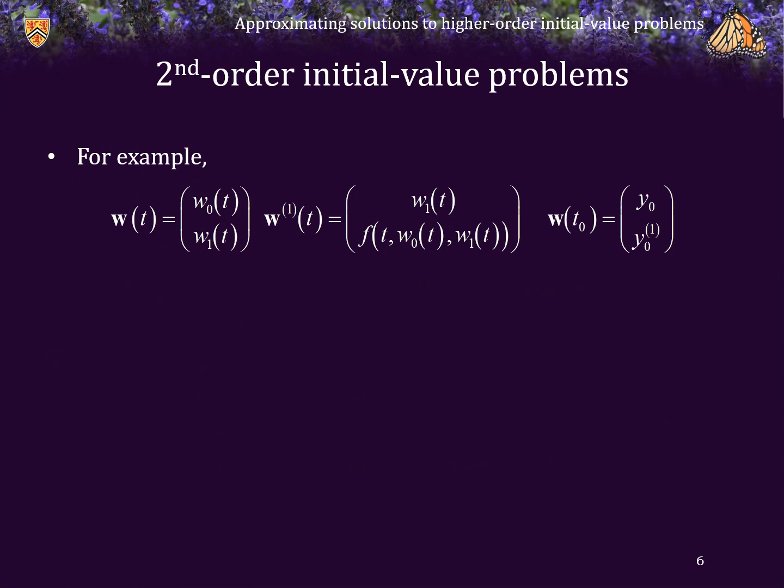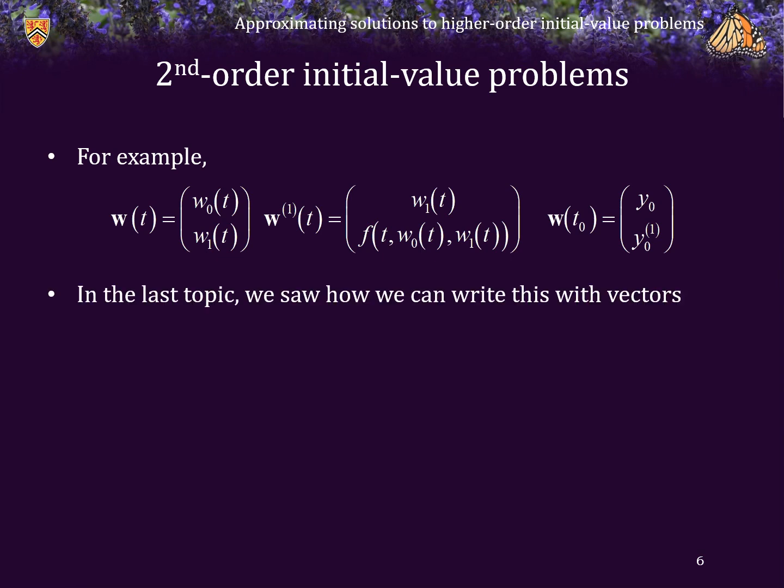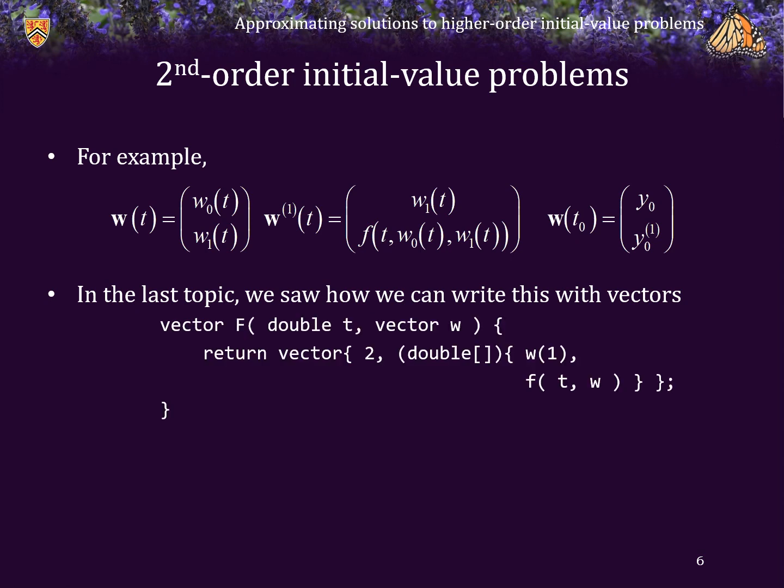Let us look at converting this generic second-order initial value problem into functions that we can feed into our initial value problem solvers. So again, we saw in the last topic how we can write this using vectors. So the right-hand side will be a function capital F that takes a time variable and a vector variable. The vector is two-dimensional.